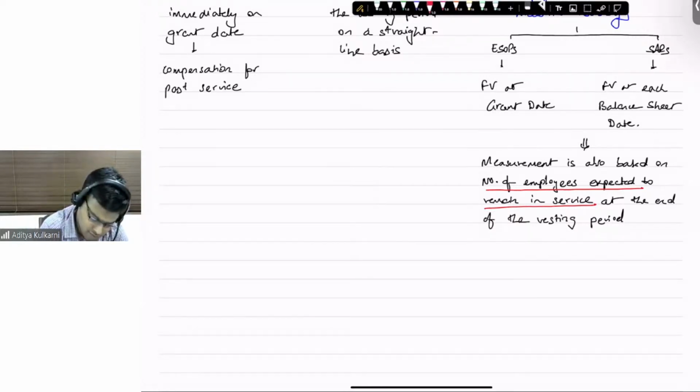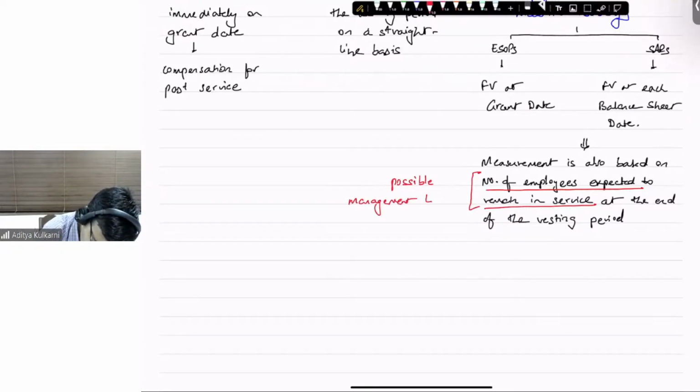So just for your indicator, you can write: possible management bias. See, it's a bad year. I have to save wherever I can to present a favorable result.